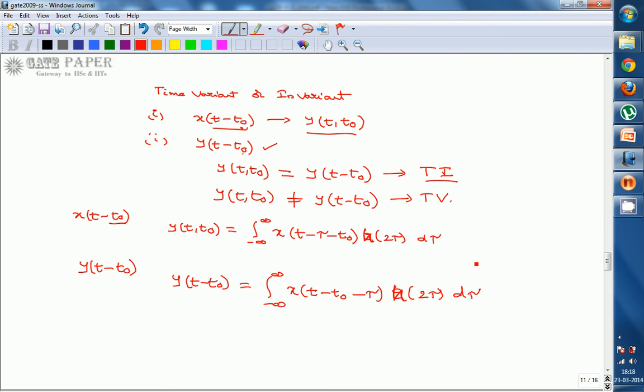Here we can observe that y of t comma t naught is equal to y of t minus t naught. Then we can say this is a time invariant system.